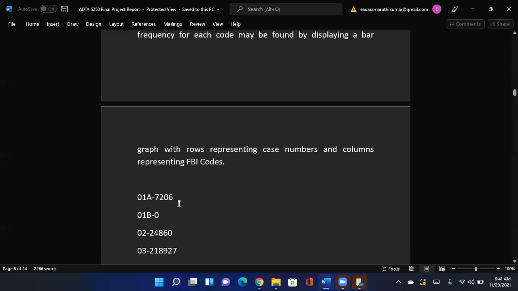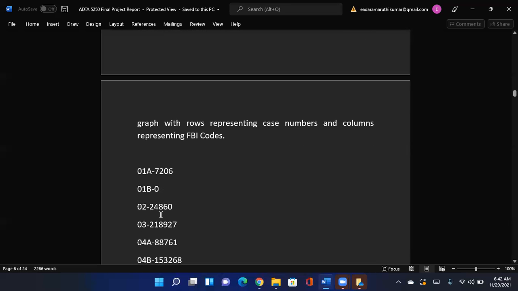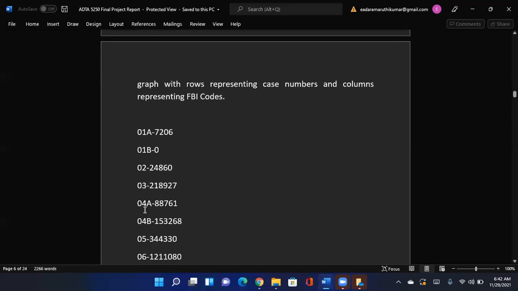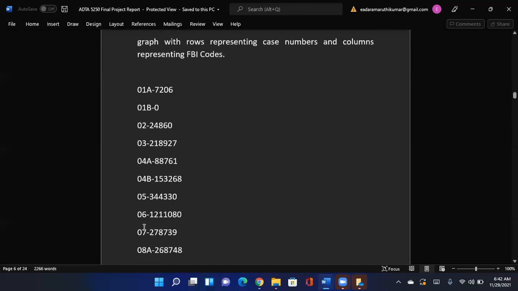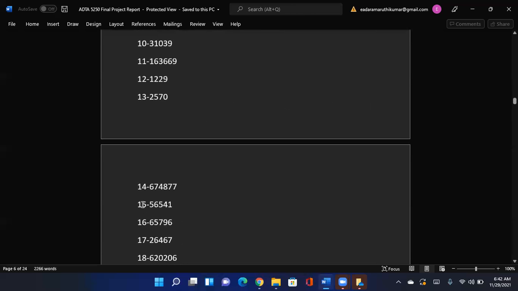01A has 7206 cases. For 01B, 0 cases. 02B, 24860 cases. And for 04A, we have 88,761, and so on. For the 14th one, we have 674877 cases.